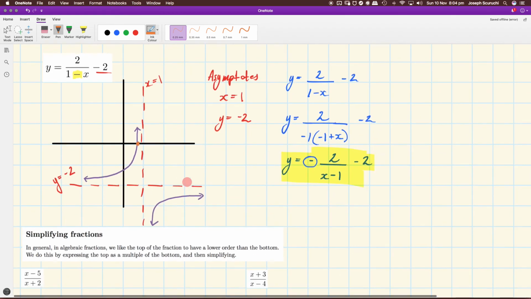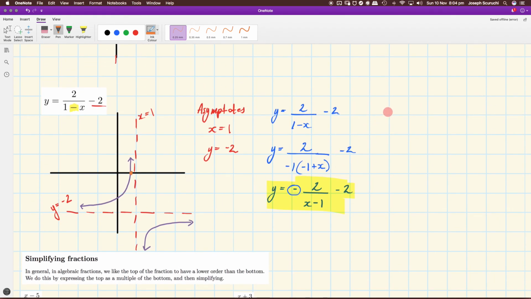So now I would have to figure out what my x-intercept is. So I'm going to find the x-intercept: let y equal 0. So I'm going to be left with 0 equals 2 over 1 minus x, minus 2. I'm going to plus 2 to both sides.